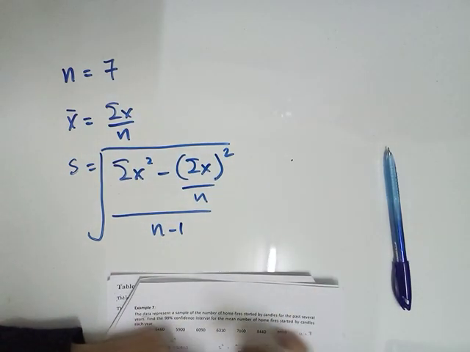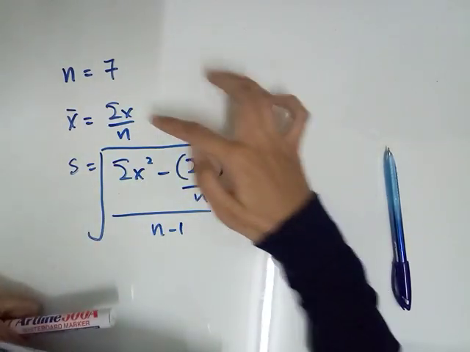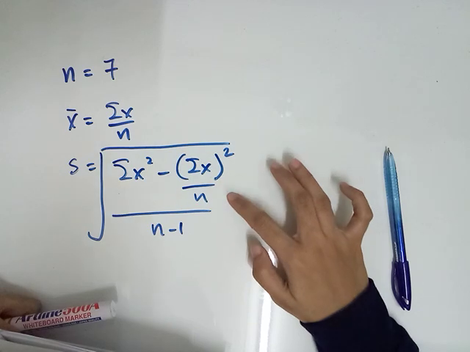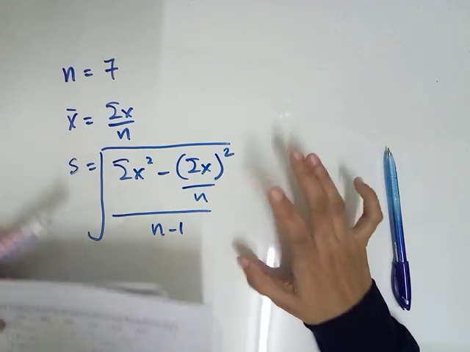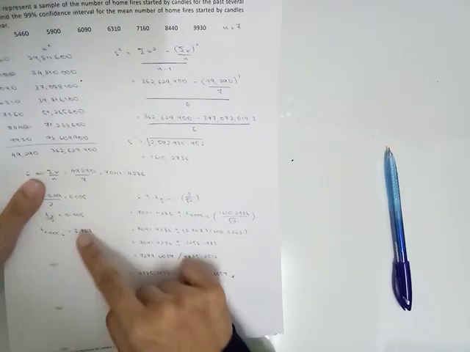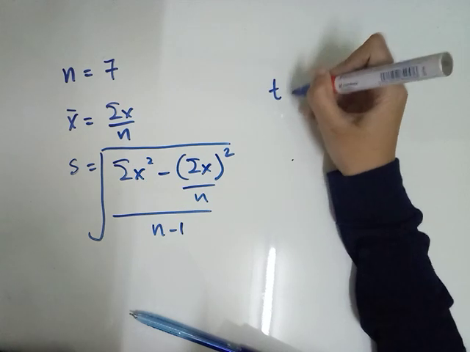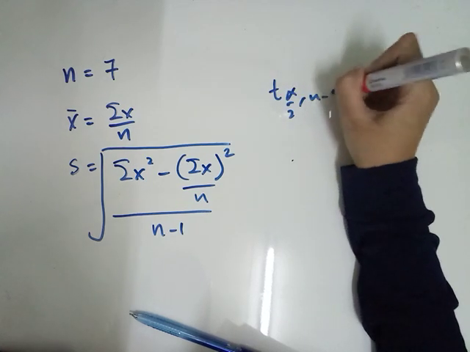So I want you to calculate. Find the sample mean and standard deviation. Once you have these, then you can proceed to the next step to find the t value, T alpha over 2, n minus 1.